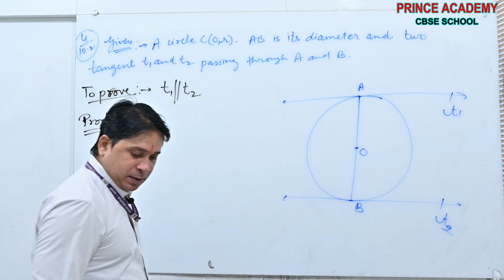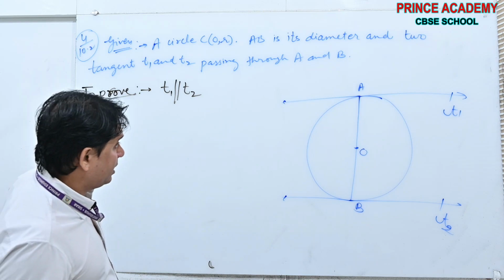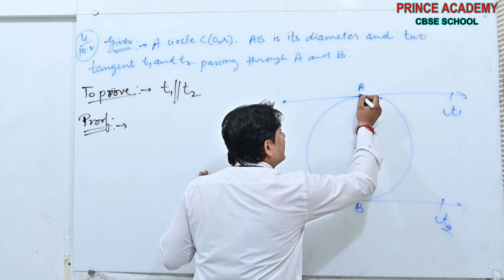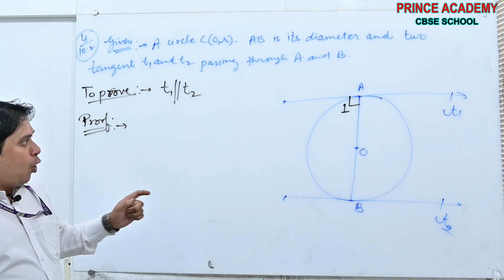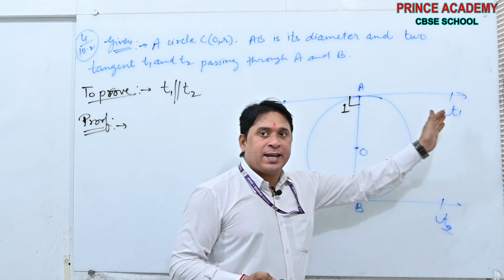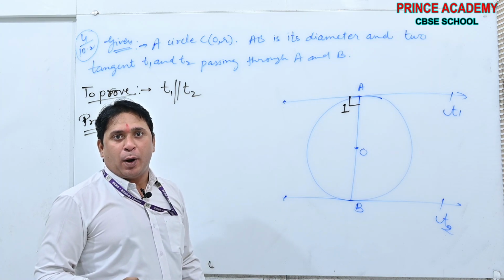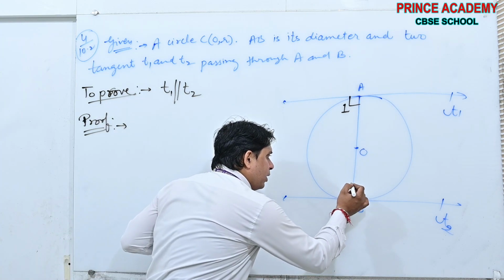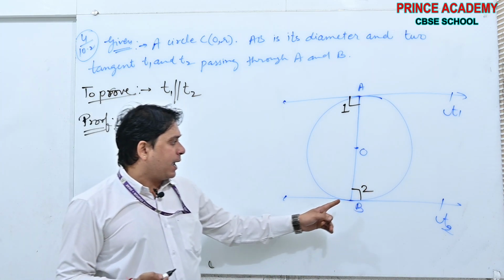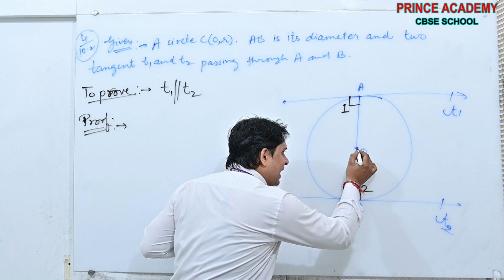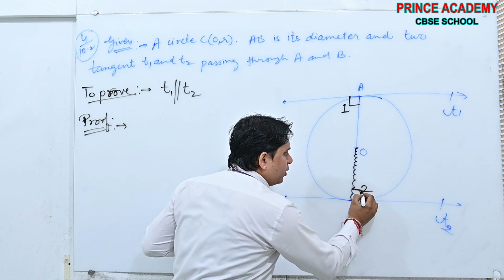See, proof. Can I write here OA is perpendicular, therefore this angle 1 is 90 degrees? OA is the radius, T1 is the tangent. OA will be perpendicular at the point of contact. Now, if you observe angle 2, this is the radius, this is the tangent, angle 2 is also 90 degrees.